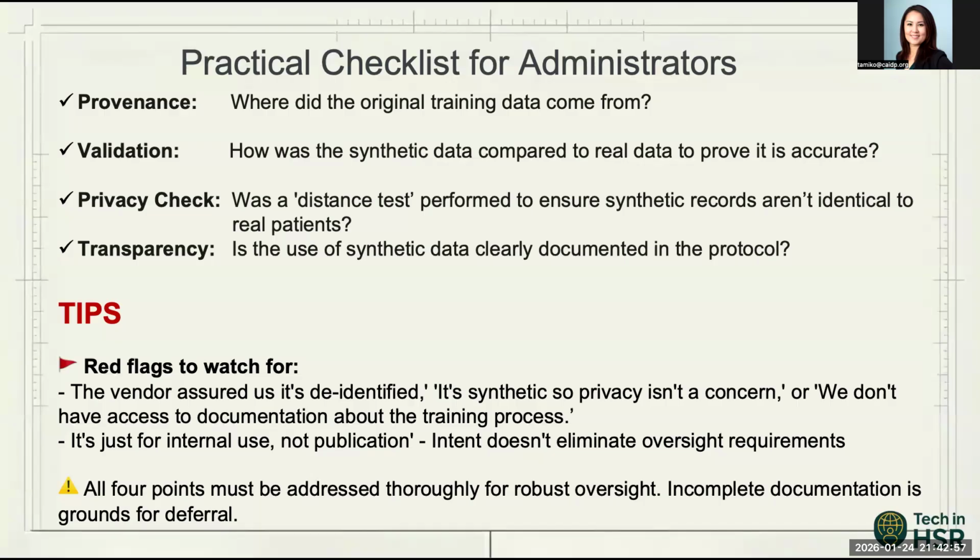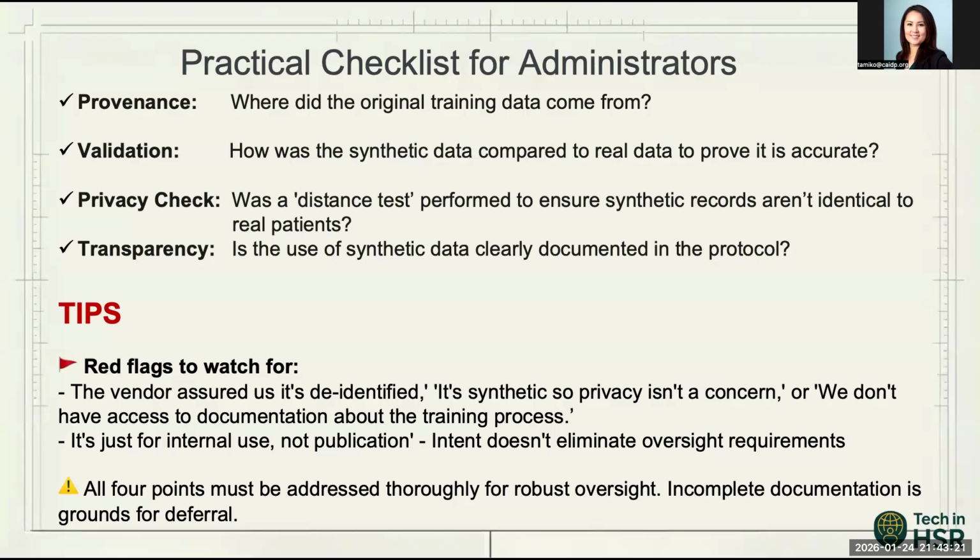It's not going to serve your documentation requirements, and it completely ignores the training data origins. It's essentially unacceptable. If researchers cannot answer these four questions satisfactorily, then that's a signal that we need to hop on a phone call and figure out what's going on with that synthetic data.